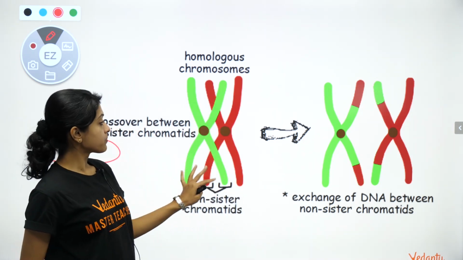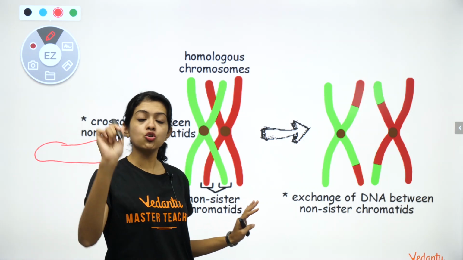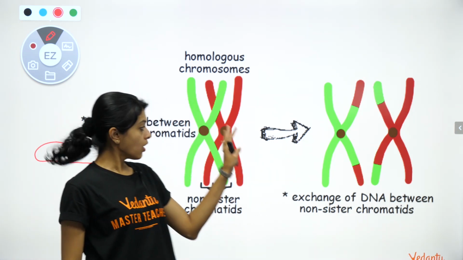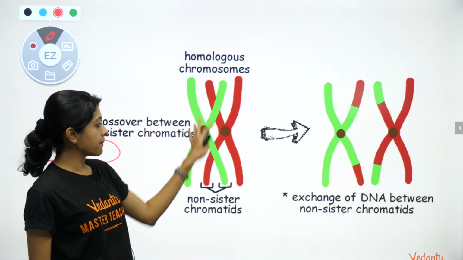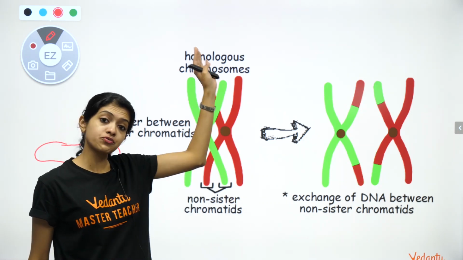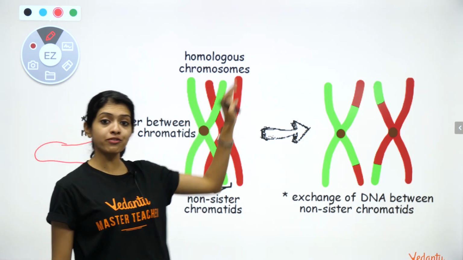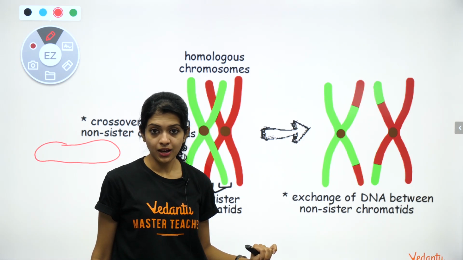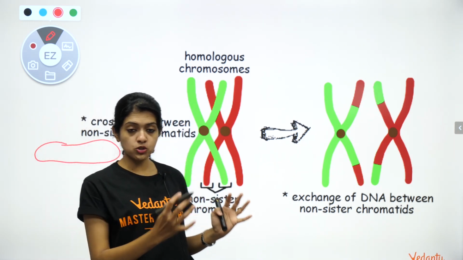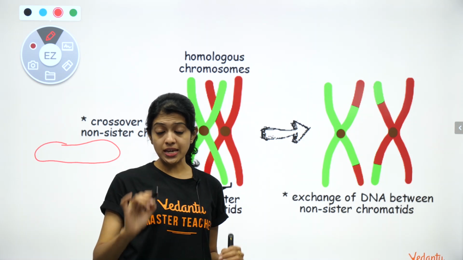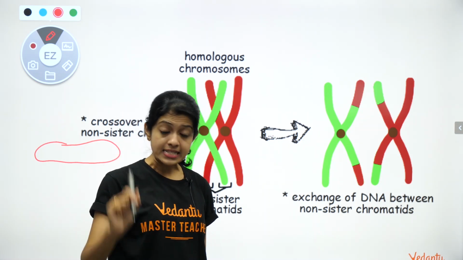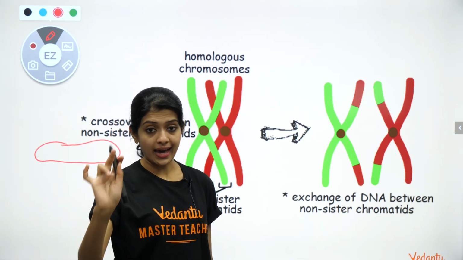Say for instance, this is your chromosome number 1. One homologous pair. One member, the green member, say you have got it from your mom. The red member, you have got it from your dad. Okay, they are homologous chromosomes because they carry alleles or genes for the very same characteristic.